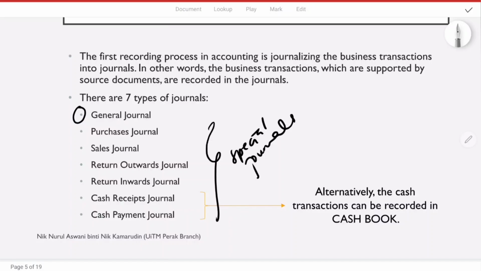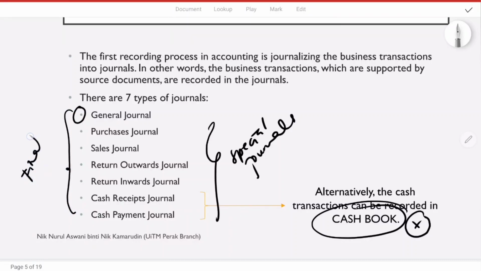Alternatively, some businesses, instead of using a separate journal for cash transactions, can also record in a cash book. But this is not in the syllabus. When you answer your final project, you have to use these 7 types of journal. Please do not use a cash book.